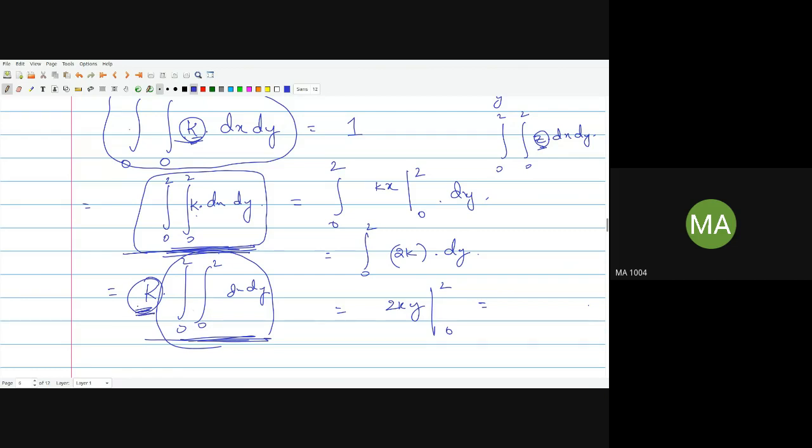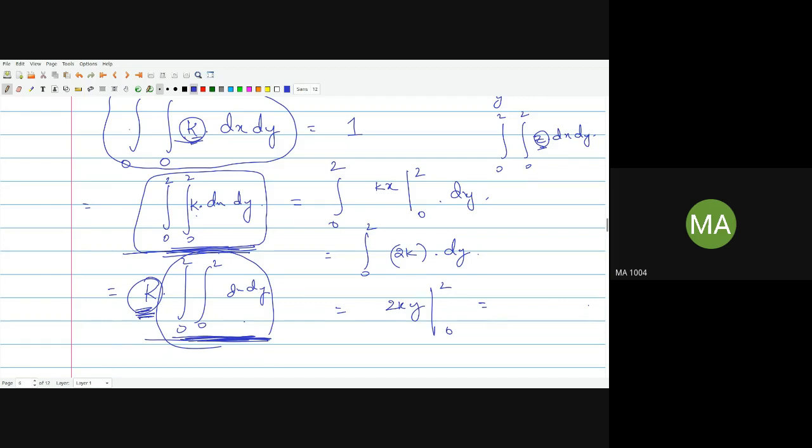This k plays the height role, basically. If this plays the height role, then this double integral will give us the area of that region. Suppose k is 1, then it will be area.